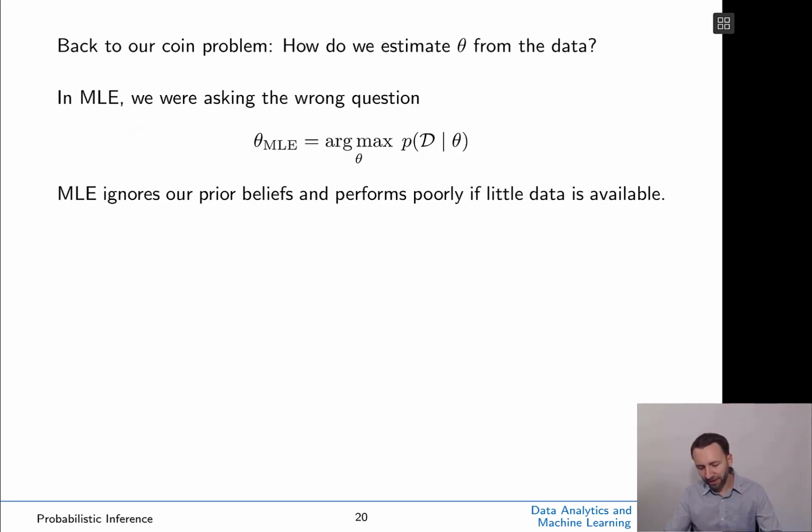Because what we were actually asking was, given a specific theta, what is the likelihood of the data? Fixing theta, how likely is it to see this data? This is not really the question of what is the likelihood of this theta, what is the probability of seeing a specific theta. It's the probability of the data given theta, but not the probability of theta, right?